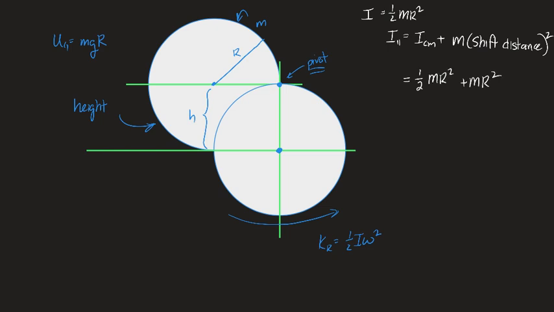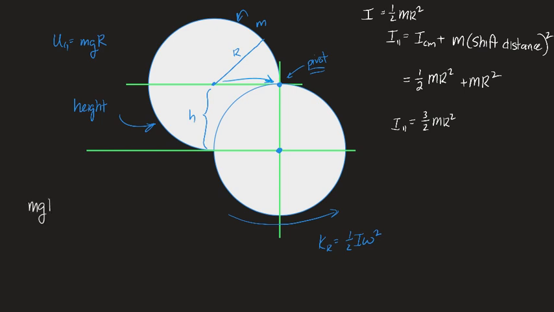All right, we're shifting it from the middle to a point on the edge. That's a shift of 1 radius. So I'm pretty sure this gives us 3/2 mr squared. Now you just got to bring all those pieces together.